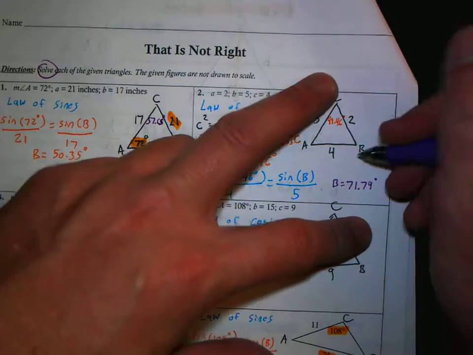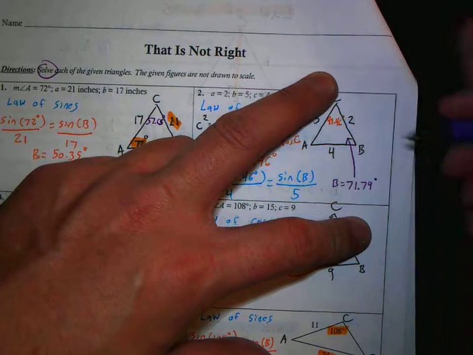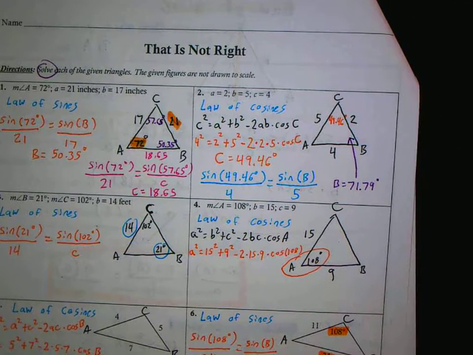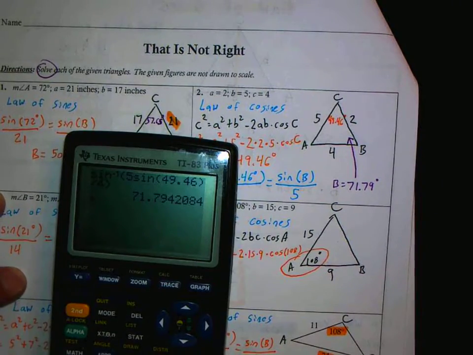So I could put 71, and instead of trying to draw it in there, I'm just going to do this. My handwriting is too large to fit there. I think that looks better anyway. Now the other angle is easy. All three angles add up to 180. If you want to use law of sines a third time, or I guess it'd be a second time, you can, but I would use the interior angle theorem.